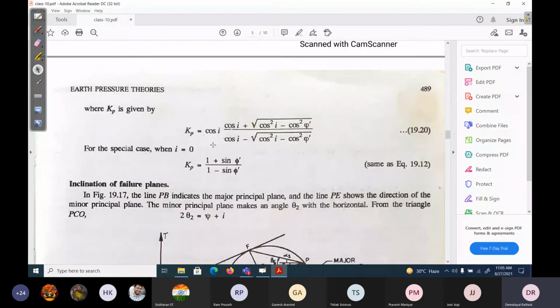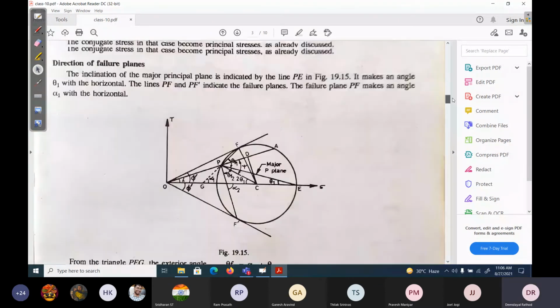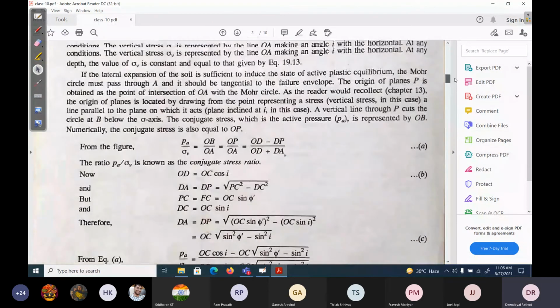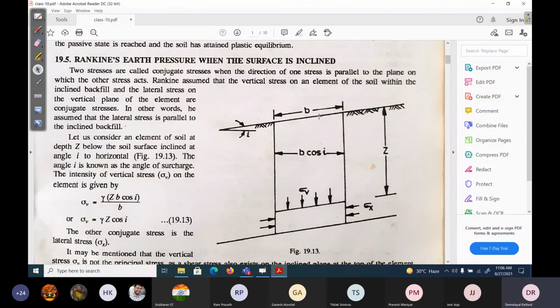So this is for Kp again. Here again, if you substitute i equals 0, again it is (1 plus sin phi) by (1 minus sin phi). Exactly the same. So what we are doing here is, when it is inclined, making an angle of i, this particular surface has an inclination, not horizontal.